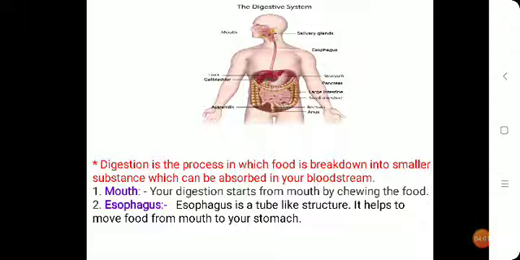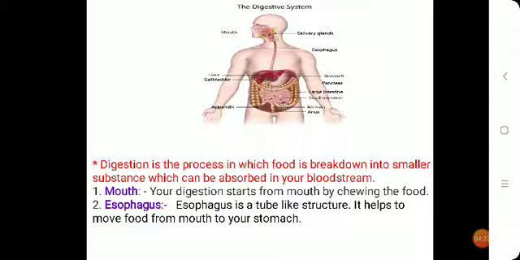Digestion is the process in which food is broken down into smaller substances which can be absorbed in your blood. Mouth: your digestion starts from the mouth. The mouth helps to chew the food properly with the help of saliva produced by the salivary glands.